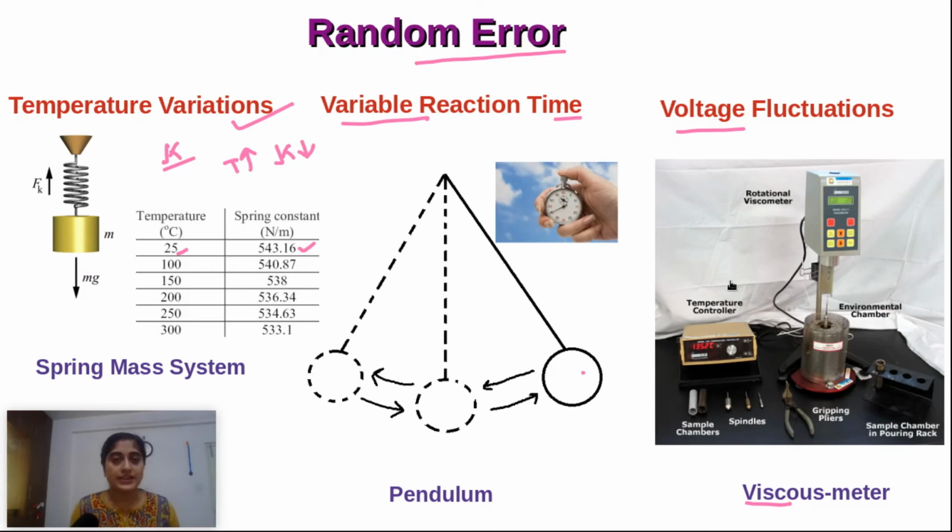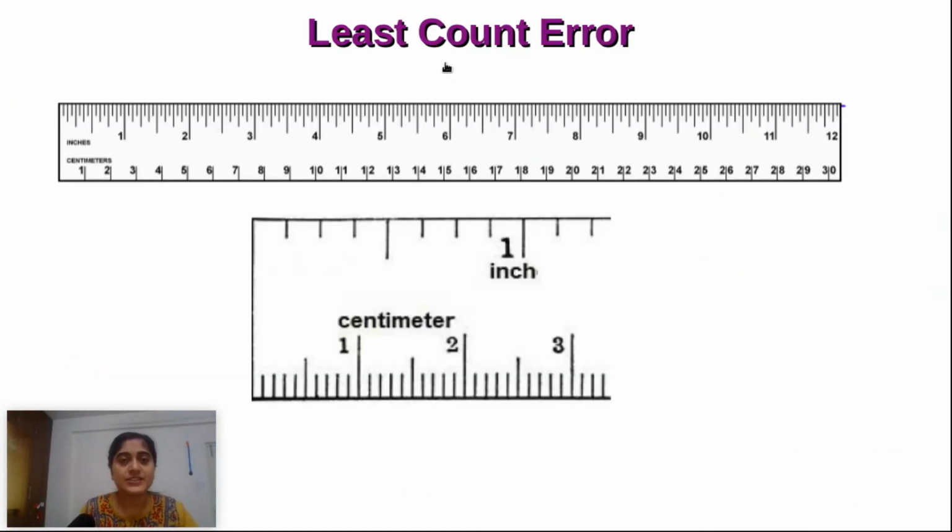Now the next one is least count error. This is one more error. By the name itself we can understand that it happens due to the least count of a measuring device. Suppose you are measuring a component, and its dimension is somewhere here.